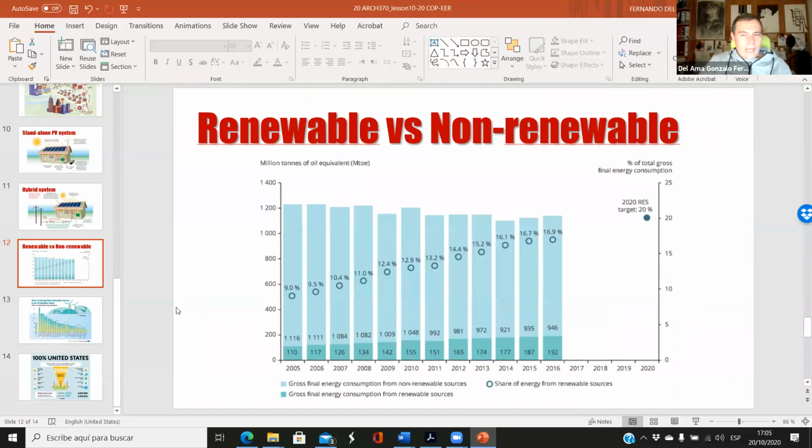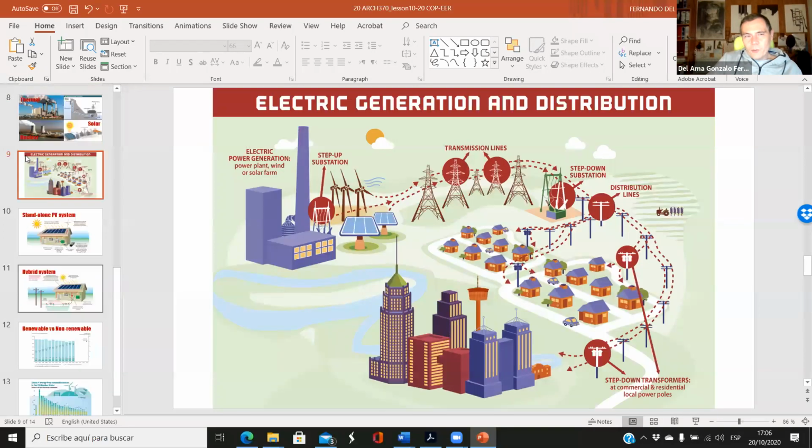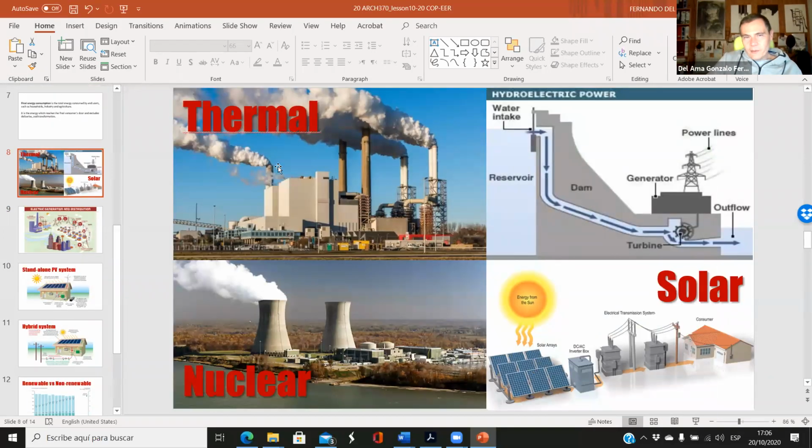We can slow it down. Maybe it's not in 10 years, it will be in 50. Or maybe it's not in 50, but it will be in 100 years. I don't know. But there is a trend that we have to change our non-renewable energy production and start replacing it with renewable energy production.